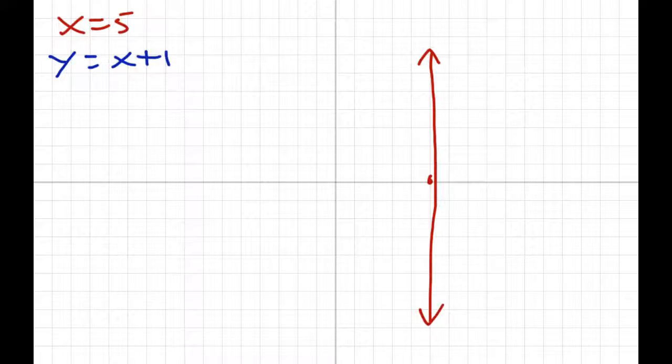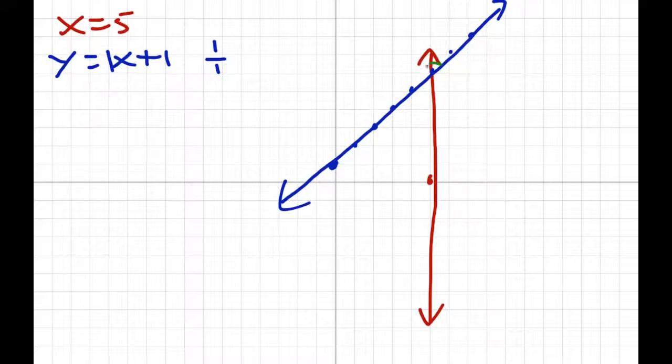Y equals x plus 1 is already in slope-intercept form, with a y-intercept of 1. For our slope, remember when there's not a number in front of x, we know there's a 1 there. So that's 1/1. Rise 1, run 1. Rise 1, run 1. Keep doing that. And then I'm going to draw my line.